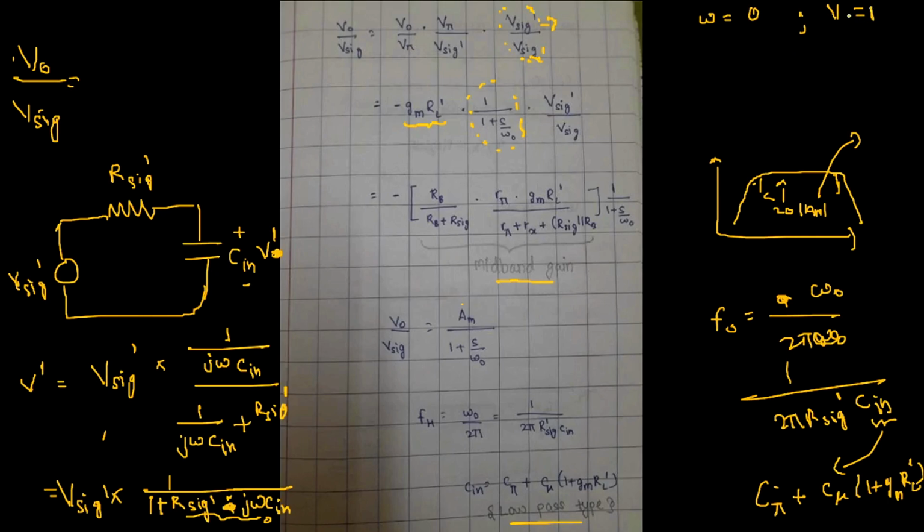If I'm getting voltage gain out, that means there is some sort of output. So low frequency signals are allowed to pass.